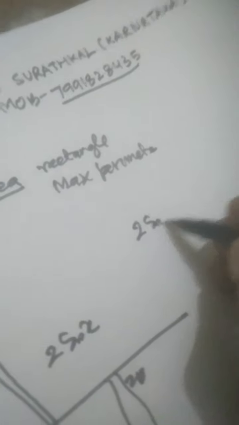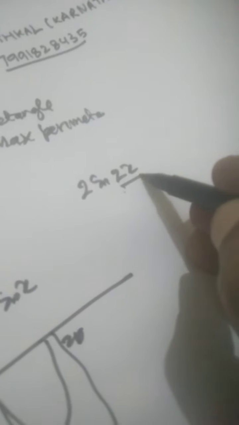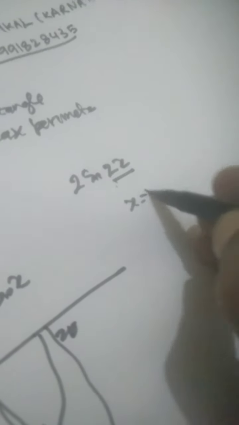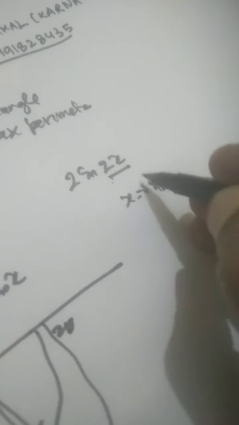But now our curve is different. It is 2 sine 2x. Once we multiply x by 2, at x equal to pi by 2 the argument becomes pi. So our curve will be like this. The main issue in this problem is understanding this.